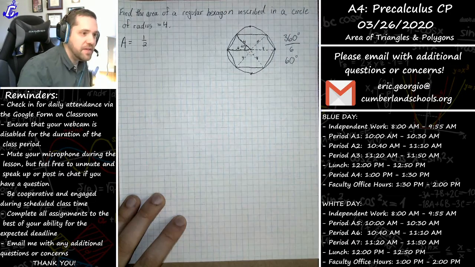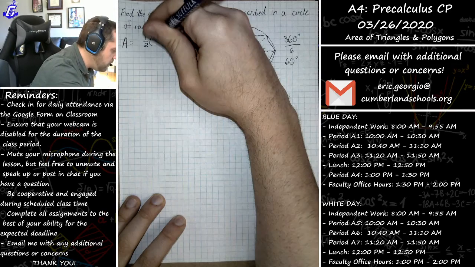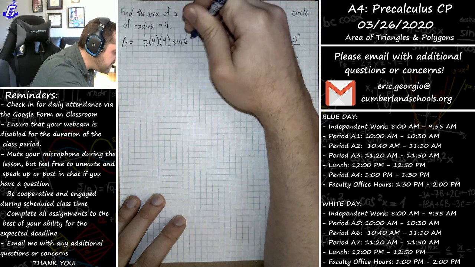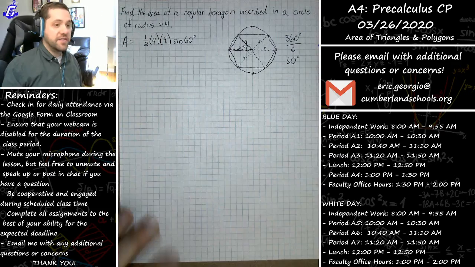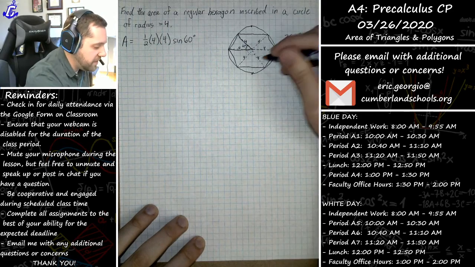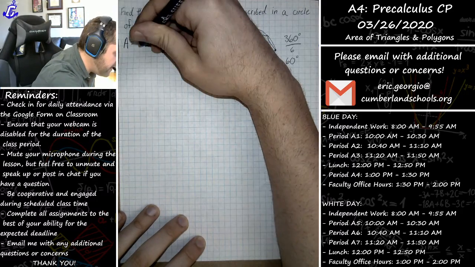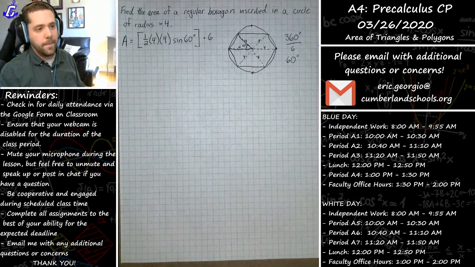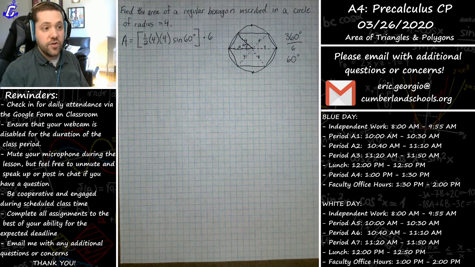We're going to use my AB sin C formula. 4 times 4 times sine of 60. And there are 6 of these triangles that exist within this hexagon. So we're just going to take that value and multiply it by 6. Does everybody understand the setup and how that equation originated from that diagram? I hope so.